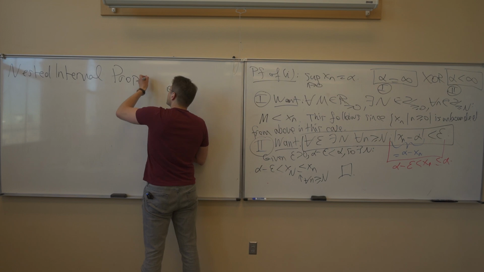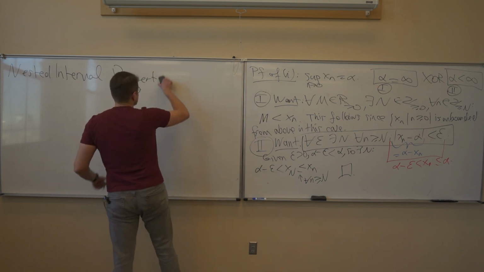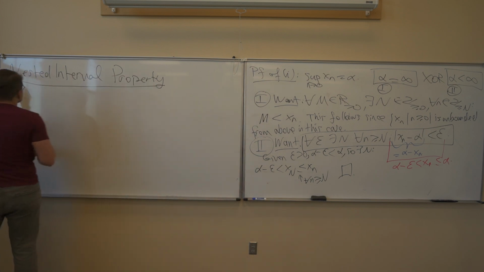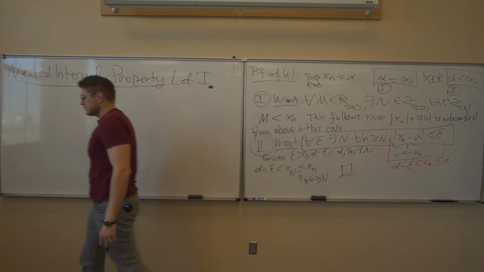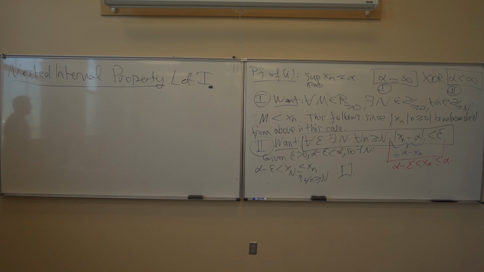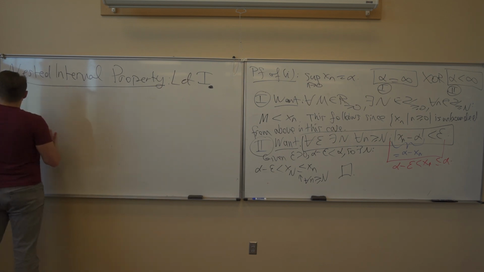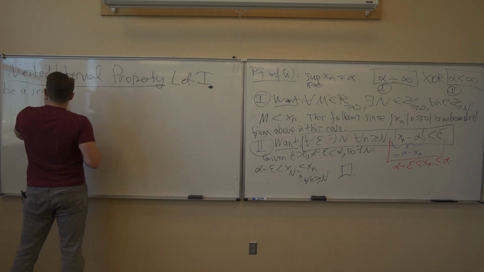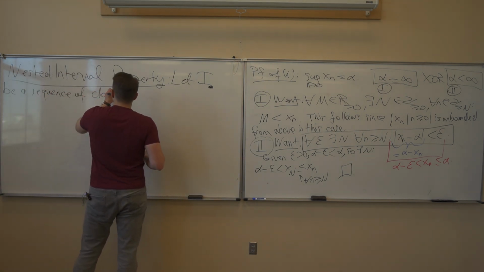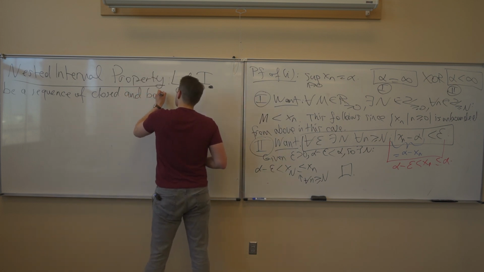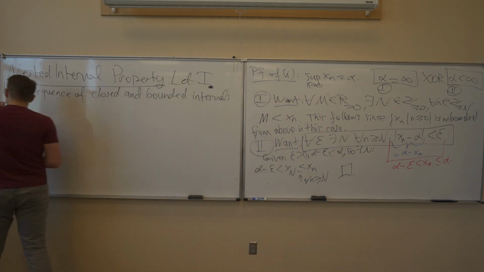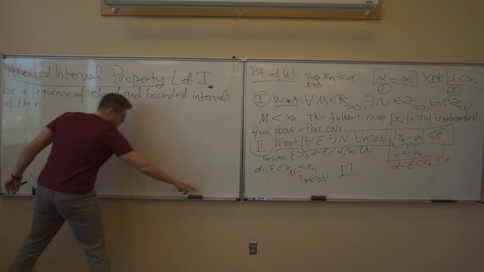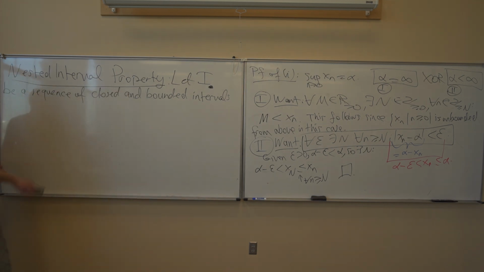Let I sub n be a sequence of closed and bounded intervals of the real line, of R. Intervals of R are always defined as subsets of the reals, so I'm just going to write it like this.